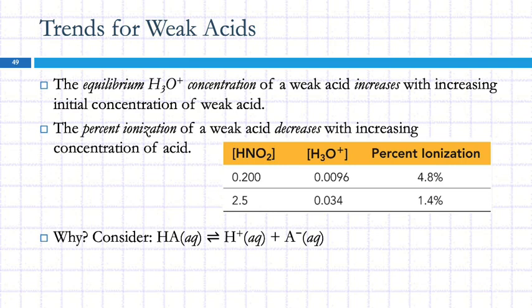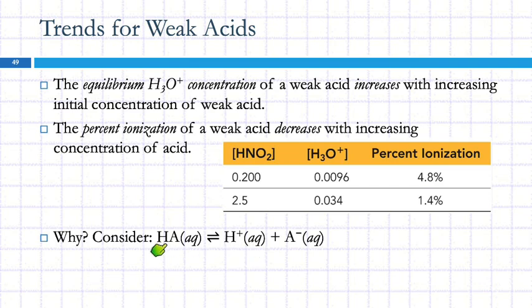And so that will increase the amount of hydrogen ions. If we increase the concentration, it's going to shift this way a little bit. I really don't like that explanation.